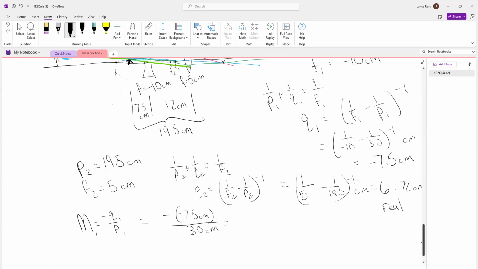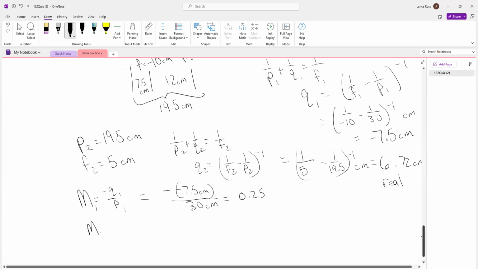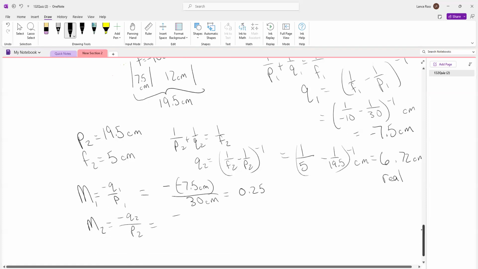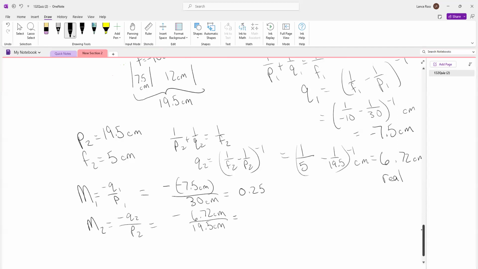So 7.5 divided by 30 is 0.25. Our magnification factor for lens 2 is minus Q2 over P2. P2 was our 19.5, and Q2 ended up being 6.72. So our magnification factor there is minus 0.345.